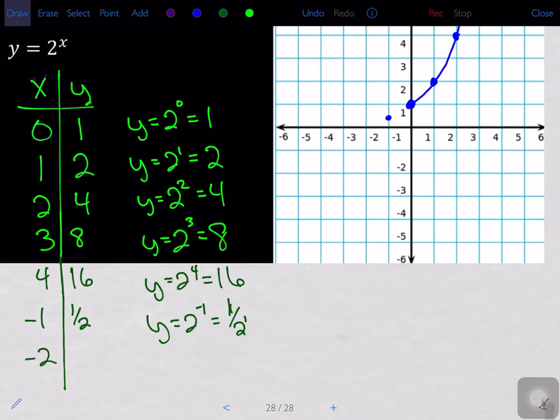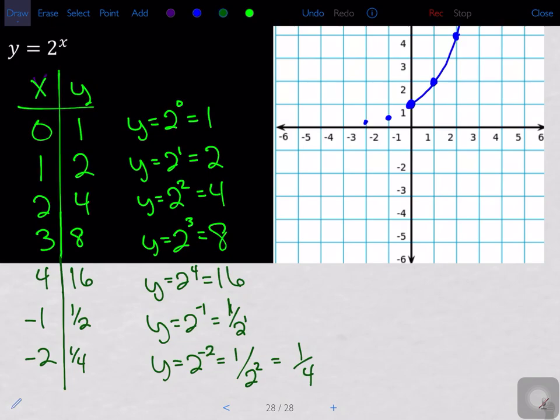If x equals -2, y equals 2 raised to the -2. Okay, so that's going to take 2 and move it to the bottom. It's going to be squared, so that's going to be 1/4. Right, so -2 and 1/4, so we're getting smaller.